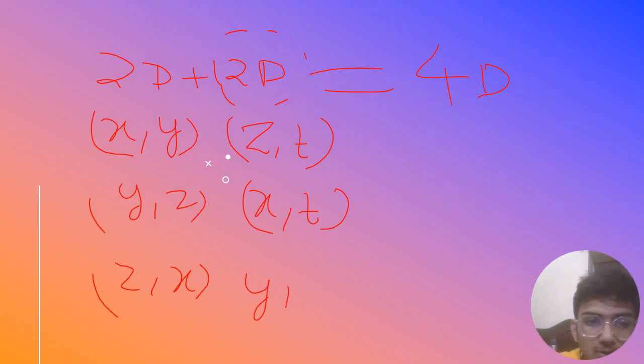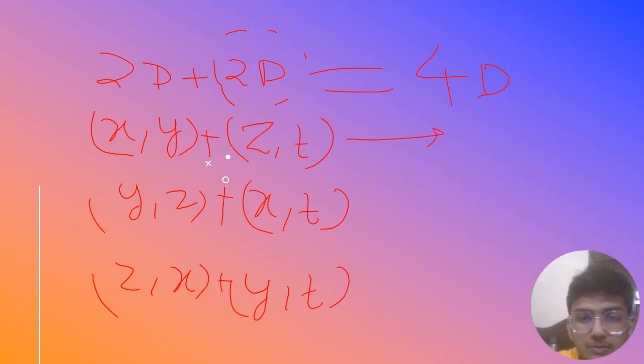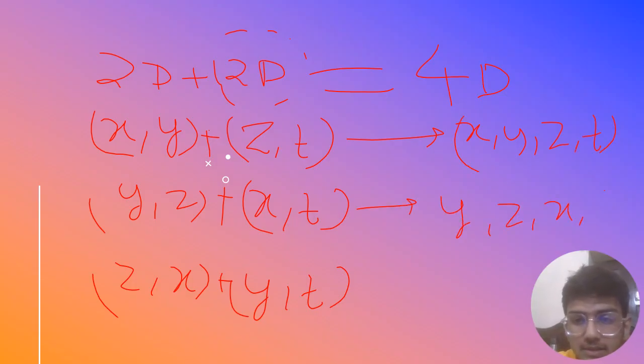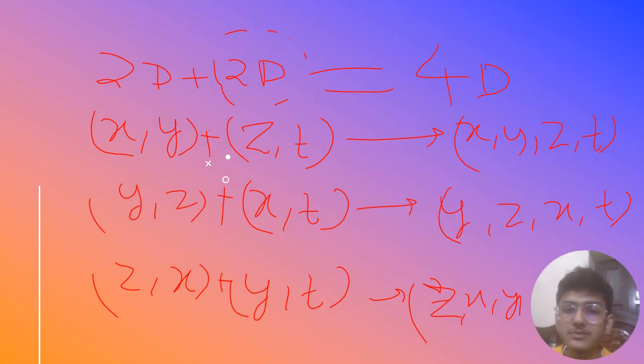Similarly, we will take here y comma t, and now when you add these systems, you will get a 4D system, which here may look like this, and here it may look like this. This is the way you can get a 4D system from the combination of 2D and 2D system.